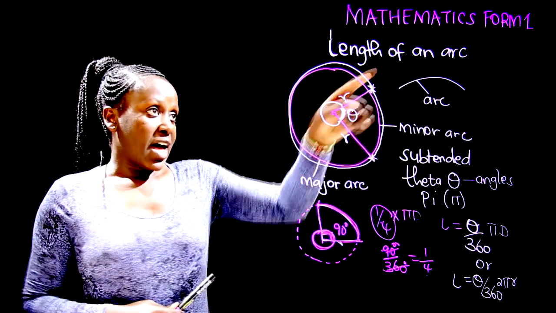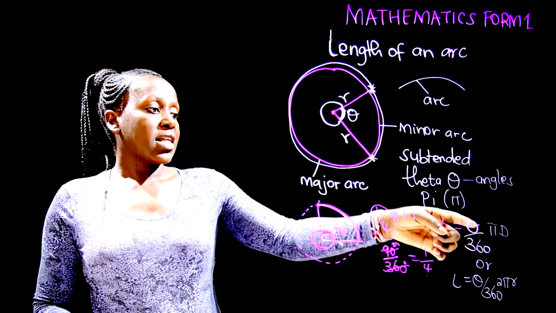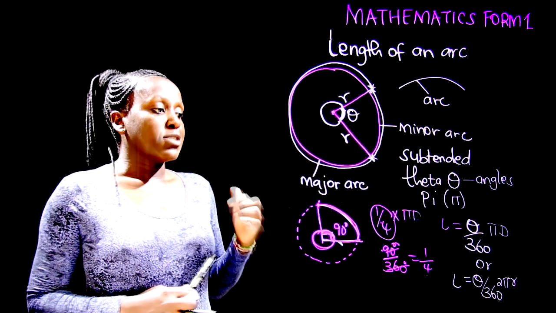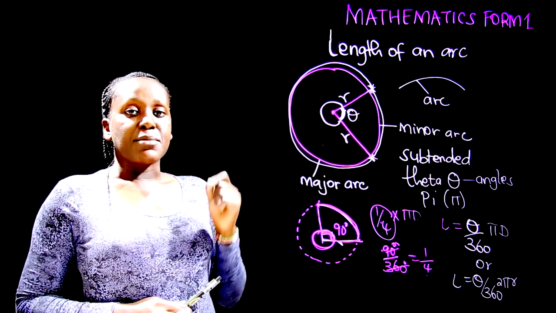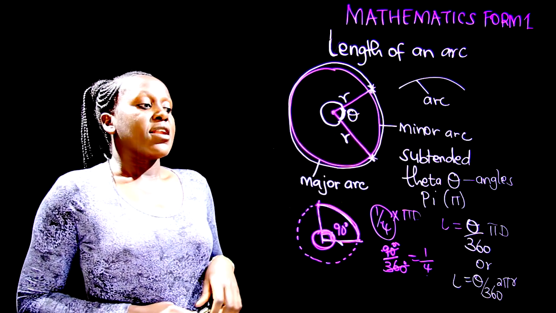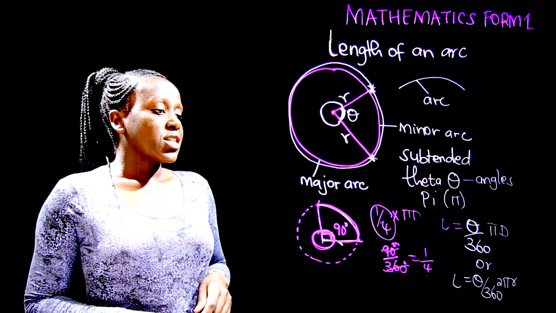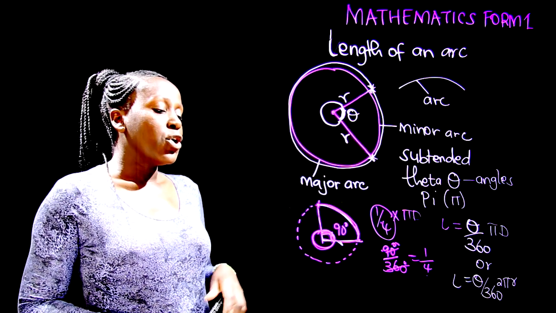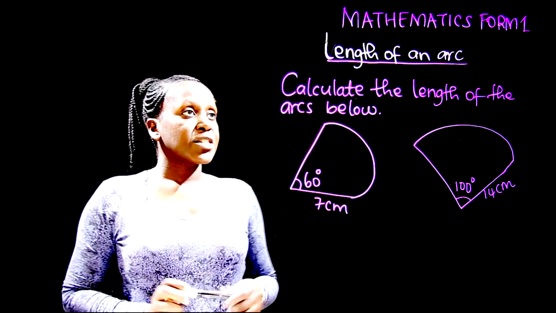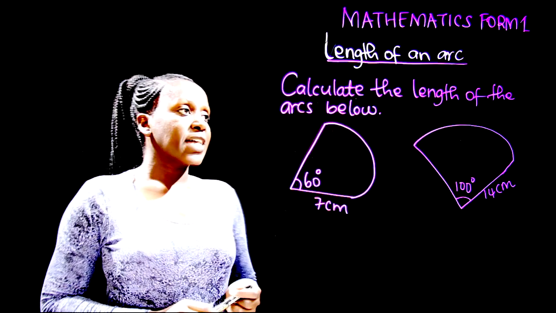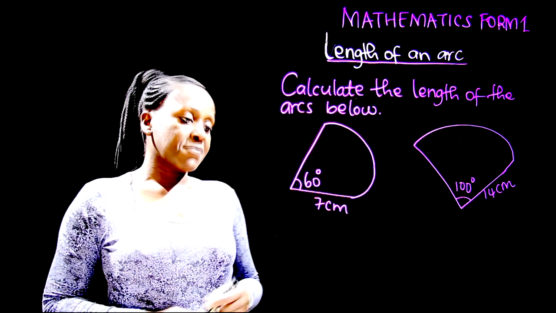So the length of an arc is calculated by taking theta over 360 times pi d, or theta over 360 times 2 pi r. Now we are going to look at some questions and learn how to determine the length of an arc. So learners, in these questions, we are going to determine the length of the arcs given.